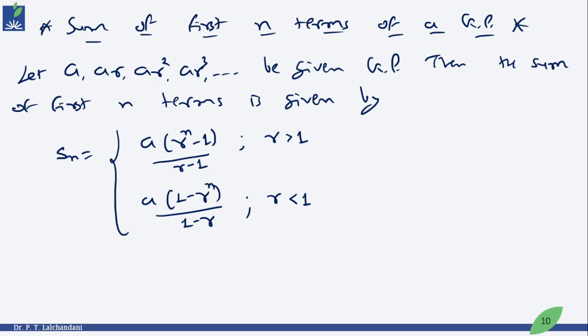That means you cannot determine a fixed value for such terms, which is why they are called indeterminate forms. We are going to study 7 different types of indeterminate forms in the last unit. In the case of R equal to 1, we cannot find the sum of first n terms using these formulas, so we are not considering the case R equal to 1.